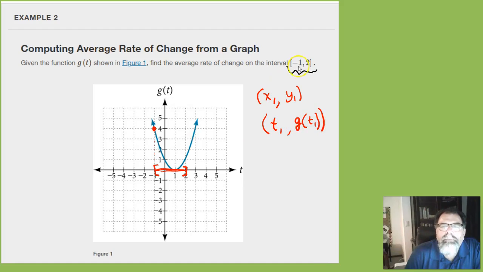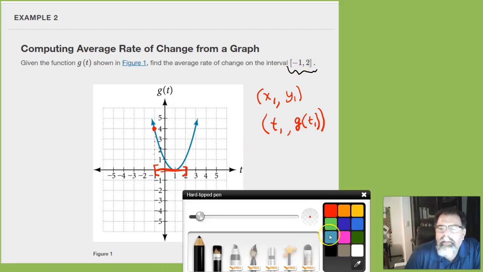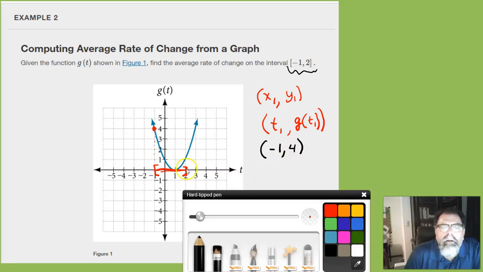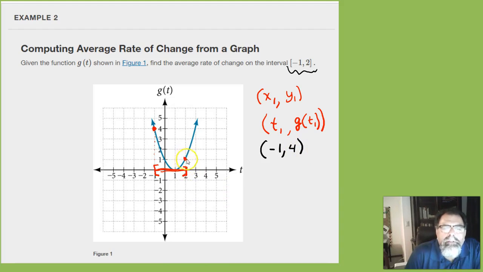So for that first point, the x or the t value is -1, and the y value here is 4. Okay, and then we're going to go to 2, so you go up, here's 2, and what's the x and y coordinate for that one?